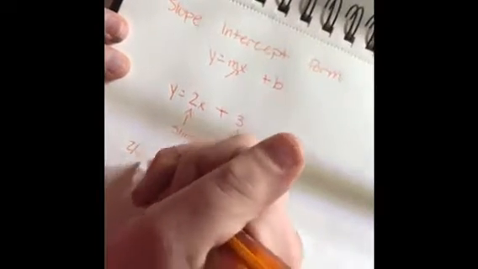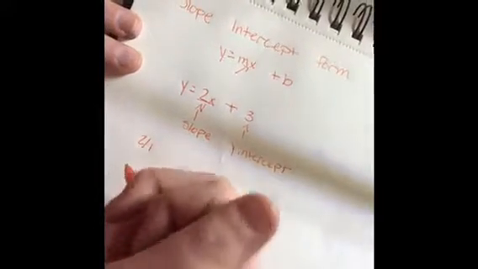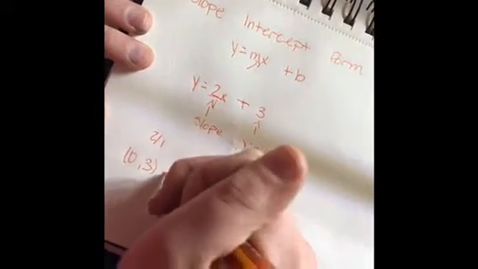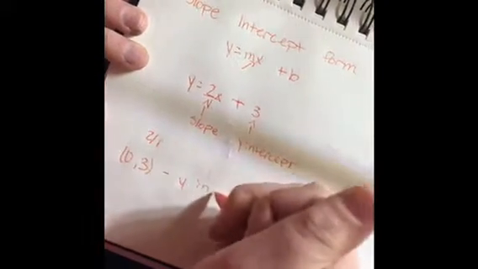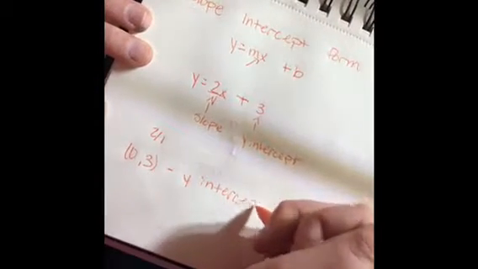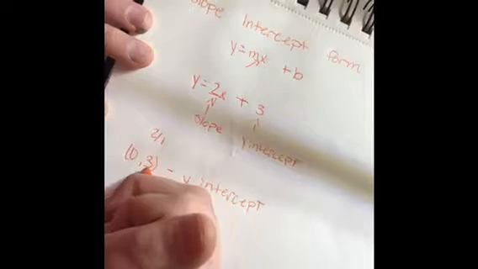So 2 over 1, as I said, is the slope. You just put it over 1 and it's the same. And your point 0, 3 is your y-intercept. And why this is so important is because when you are graphing, you always want to start with your y-intercept so it is correct.